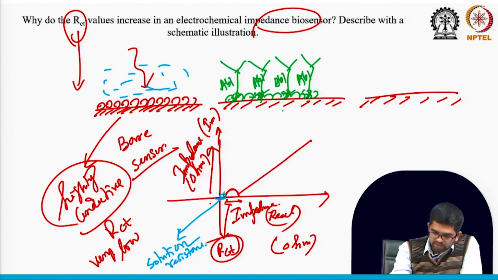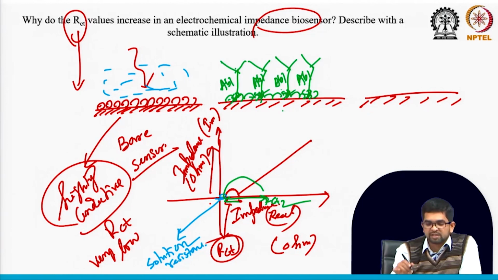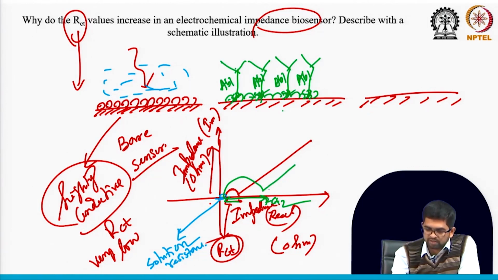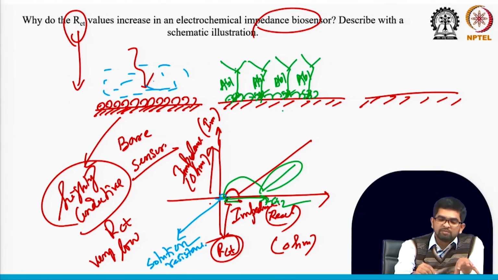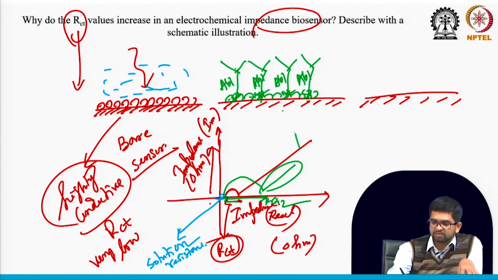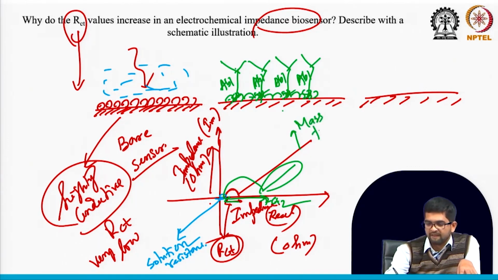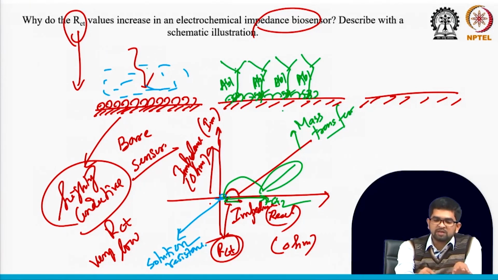Then you will get a higher RCT. This RCT2 is because of the antibody already on your surface, it will increase, and the straight line portion will decrease, because this straight line gives you the information of mass transfer, how fast your mass is transferring towards the electrode surface.